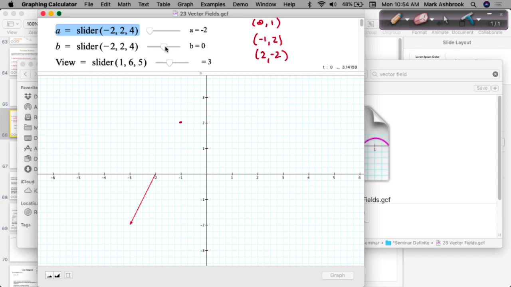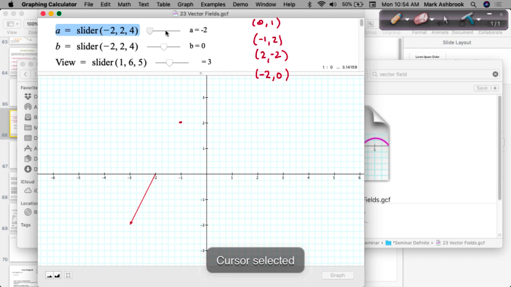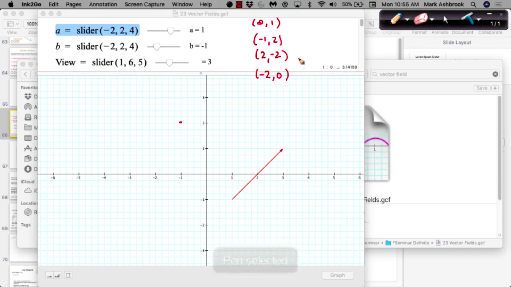Here's -2, 0. Let's give another one here. How about 1, -1? Let's do 1, -1. And here's 1, -1. So now your task is to figure out what this vector field is.